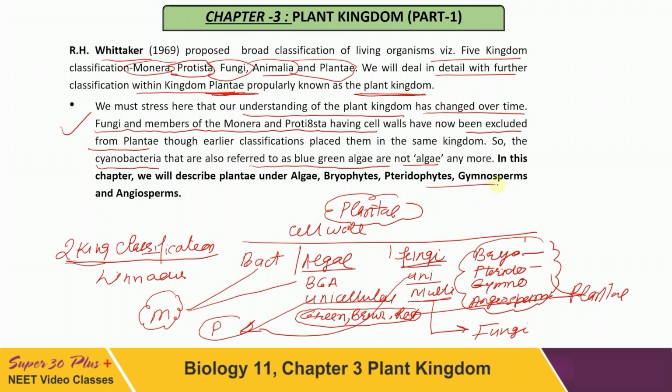In the 5 kingdom classification, kingdom Plantae includes multicellular algae, green, red, and brown algae, bryophyte, pteridophyte, gymnosperm, and angiosperm. I think it's clear what we have to discuss in plant kingdom, and therefore one by one we have to take algae, bryophyte, pteridophyte, gymnosperm, and angiosperm.